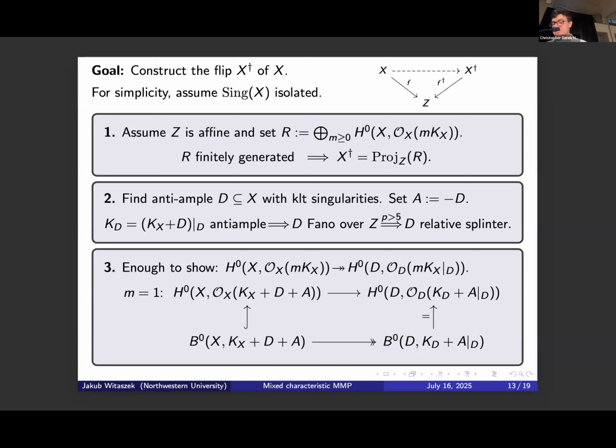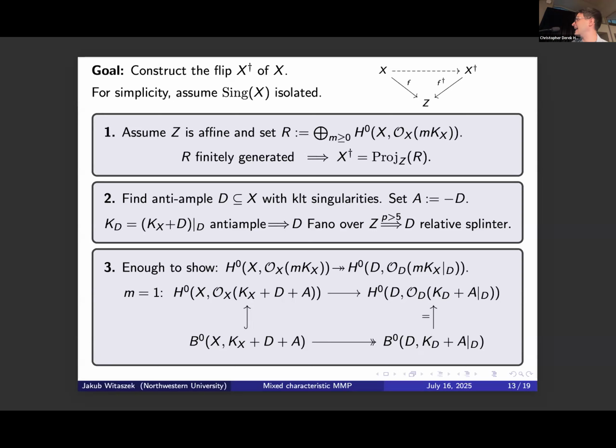And this is where this B0 comes along, the B0 that Karl told us about. So recall that B0 is a subset of special sections of H0. These are the sections that behave as if vanishing theorems hold for them. They behave like sections in characteristic 0. Now the bottom row of this diagram is the same as the top row, but we replace H0 by B0.